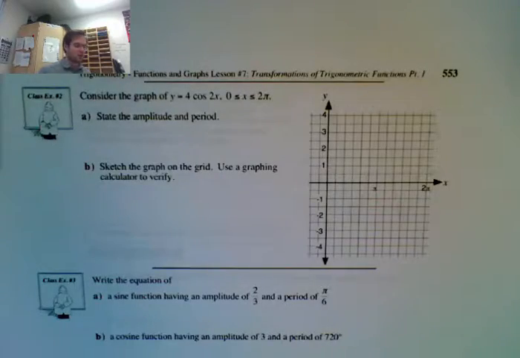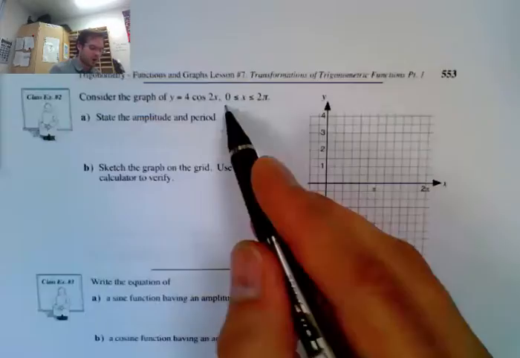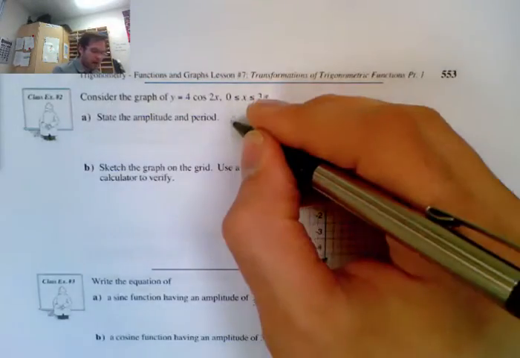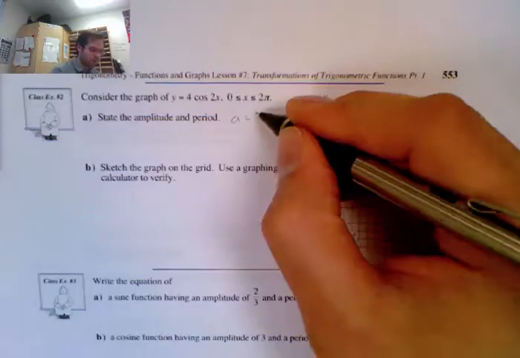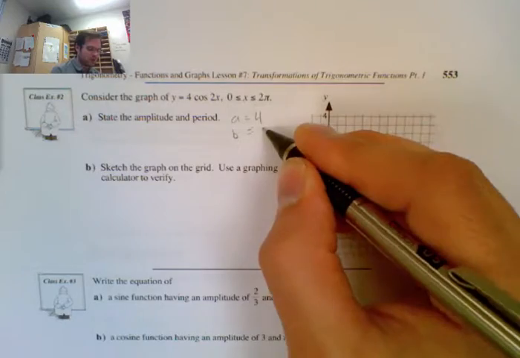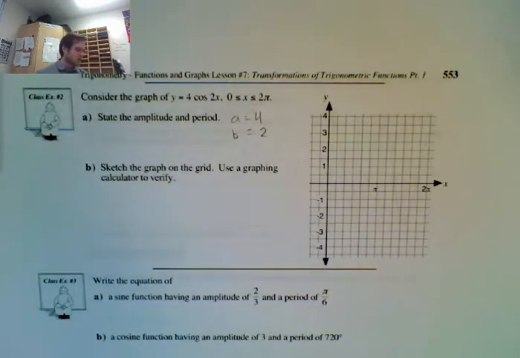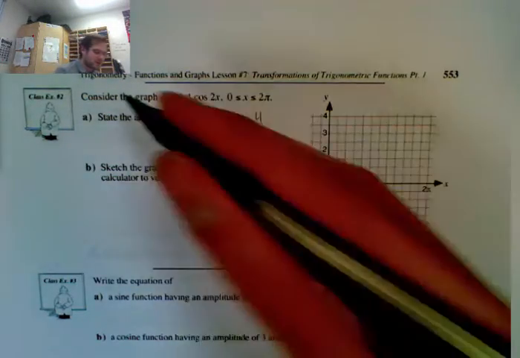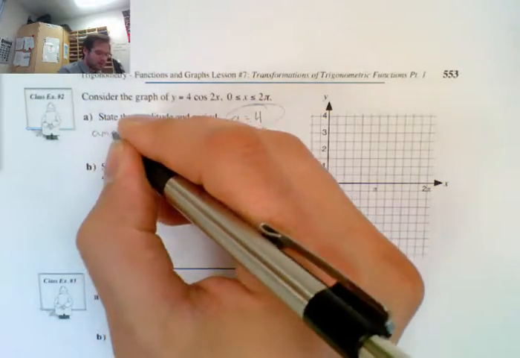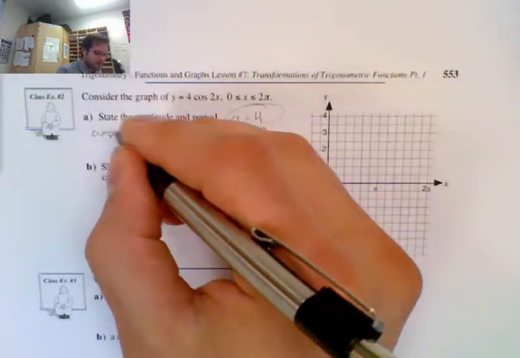So let's take a look at question 2. It says consider the graph 4 cos 2x between 0 and 2 pi. State the amplitude and the period. Well, first of all, I know my A value is equal to 4. Okay? And I know my B value is equal to 2. So my A value is my amplitude, so my amplitude is equal to 4.